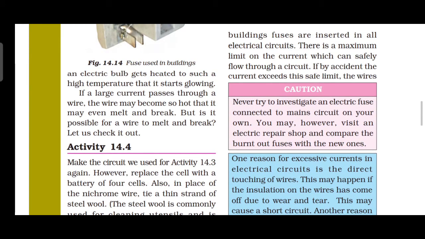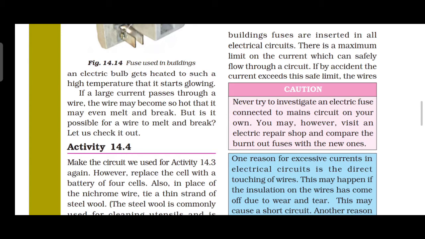In all buildings, fuses are inserted in all electric circuits. There is a maximum limit on the current which can safely flow through a circuit. If by accident the current exceeds the safe limit, the wires may become overheated and may even cause fire.